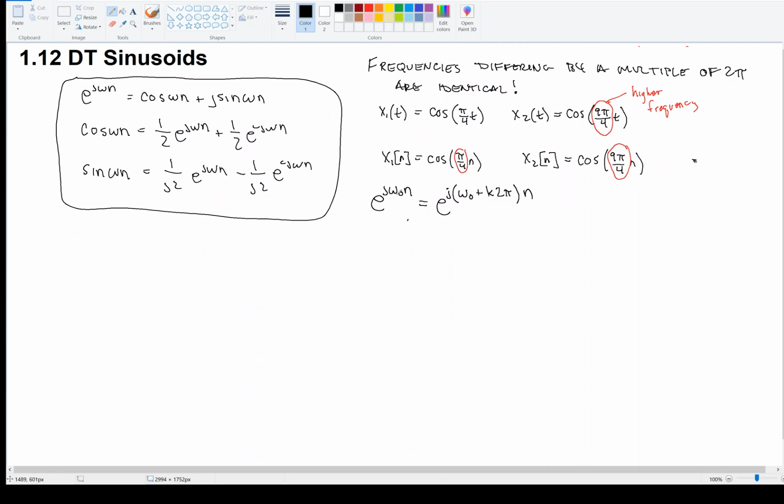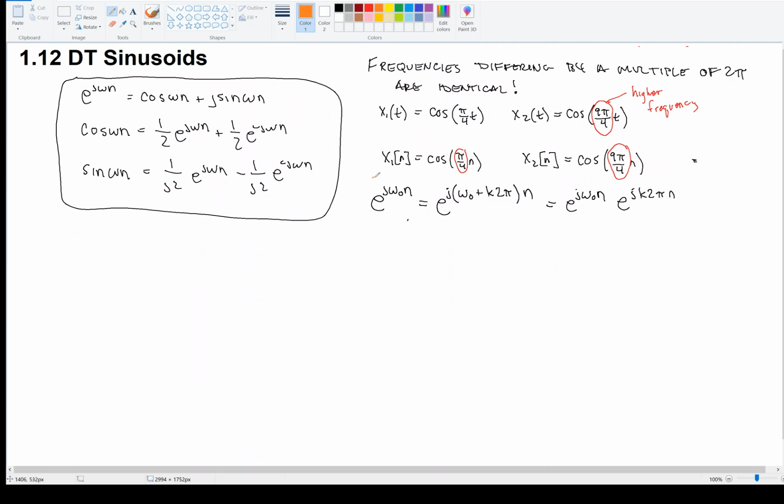Take a signal, add a multiple of 2 pi to its frequency, and you have the same signal. That's the claim. Okay, so why is that? Well, if I use a property of exponents, we can write this as e to the j omega 0 n times e to the j k 2 pi n.